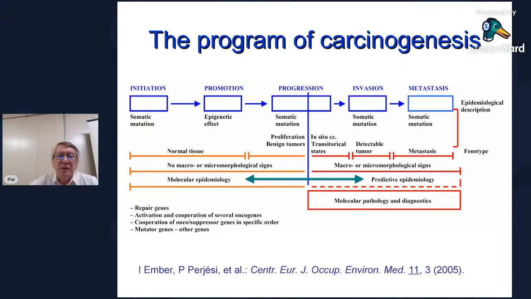As for the program of chemical carcinogenesis, it is simplified in this chart. The initial step is a somatic mutation of the normal cells, followed by a second stage, which we call promotion, and the next one, which is progression.